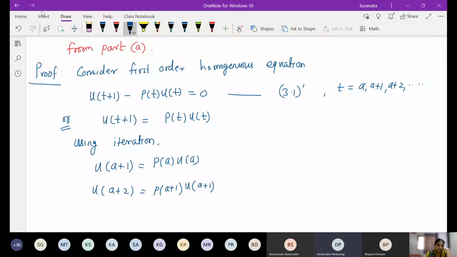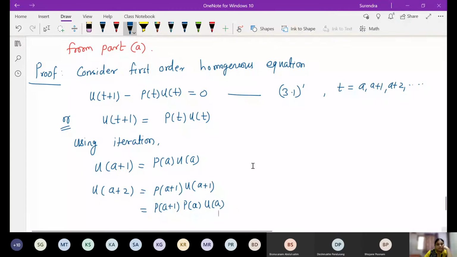So what is u at a plus 1? It is p at a into u at a, right? So we have got u at a plus 2 is nothing but p at a plus 1, p at a into u at a.